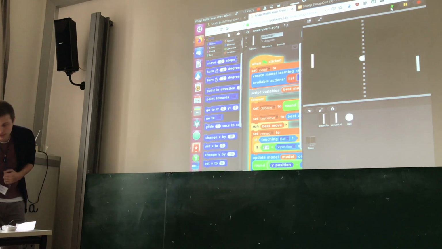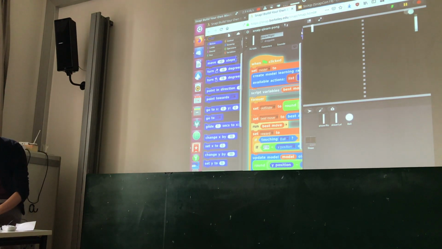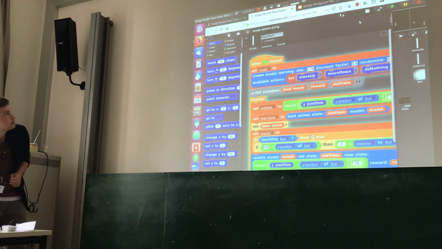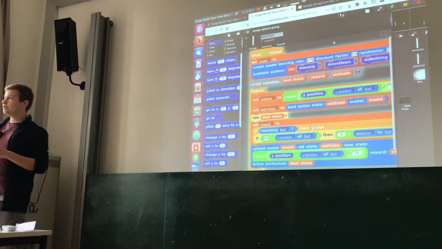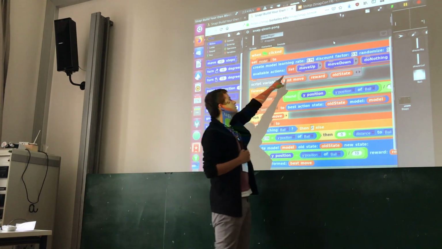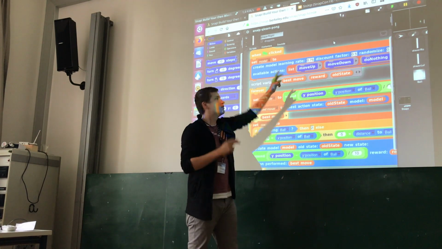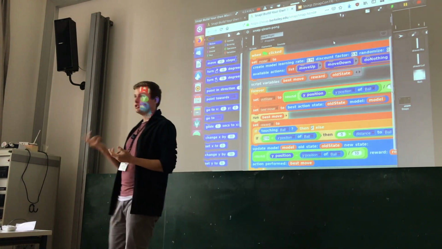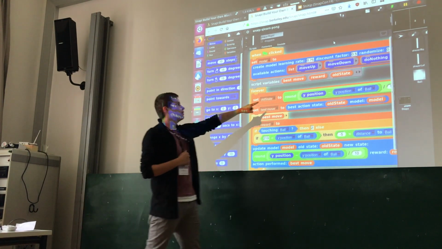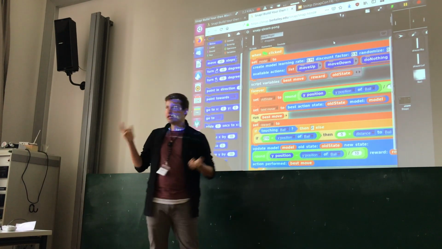And the interesting thing is, if you look at the implementation of this Pong game, it's essentially the same. There are only 3 things you have to change. Well, maybe 4. You have to specify the available actions for the agent: now it's move up, move down, or nothing. Then we have a different state.